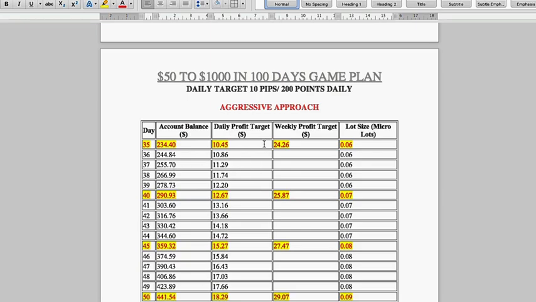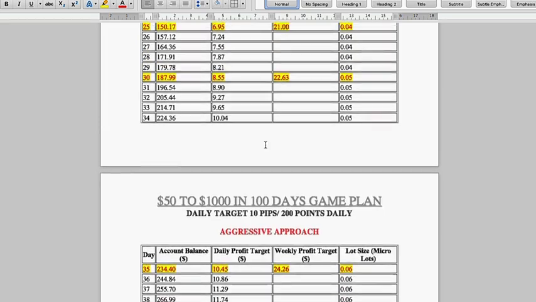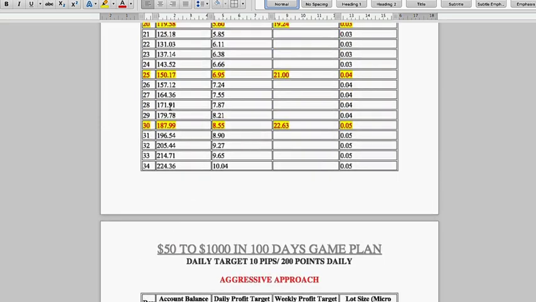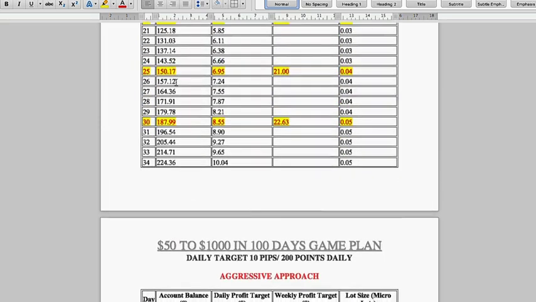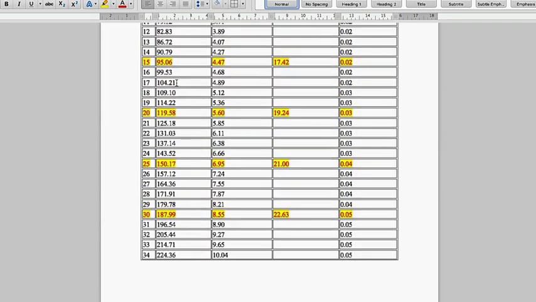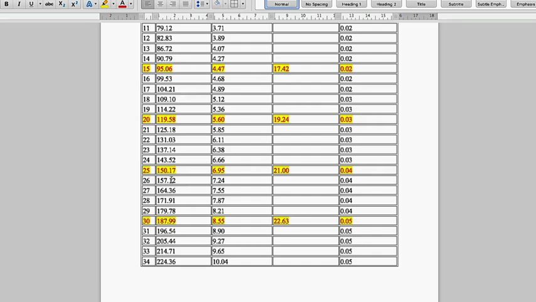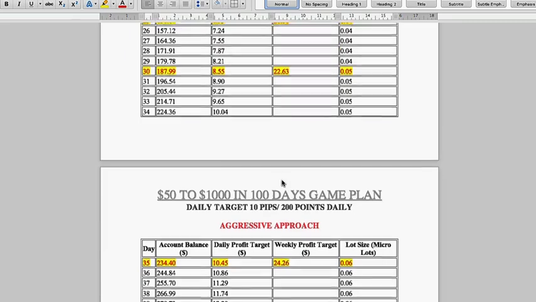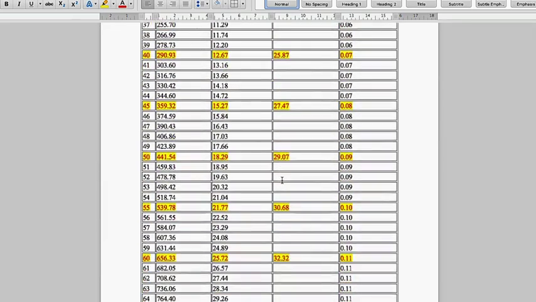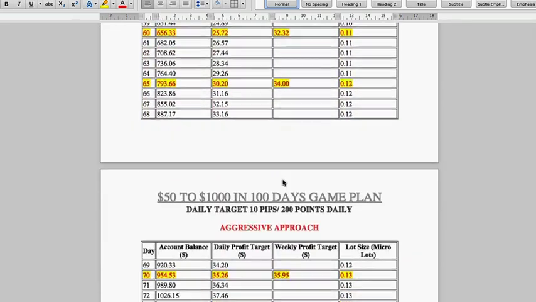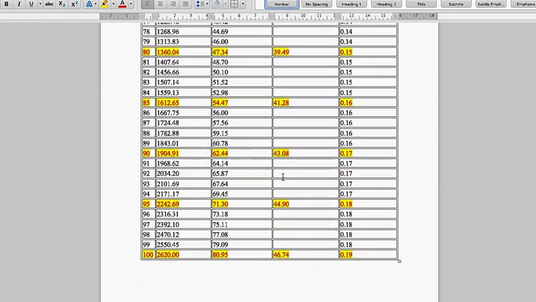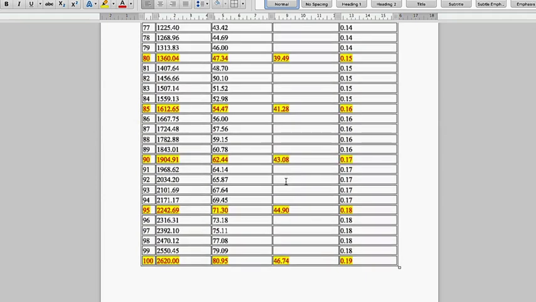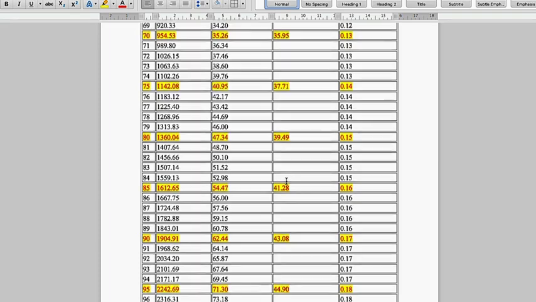Moving forward, before you reach week 7, you'll be making $21 a week. As time goes on, there'll be a week whereby you start making $100 a week. Even with this plan, you may not make $100 a week and still achieve the goal.